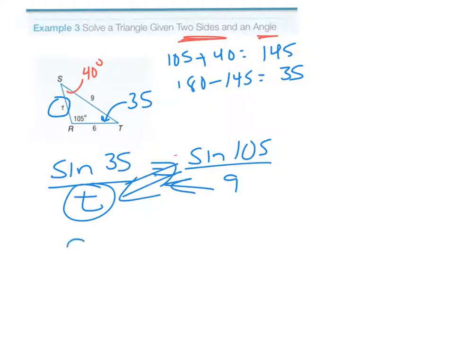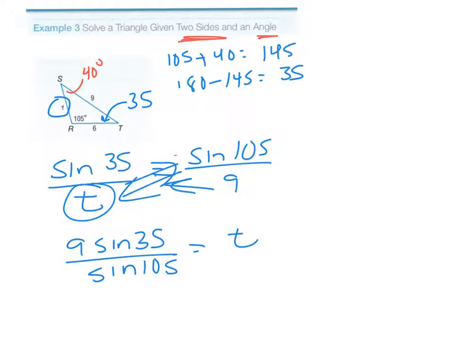So it becomes 9 sine 35 divided by sine of 105 equals t. And if we press that in our calculator, we will get the answer of 5.3 rounded. So there's our answer to t. So we found both angles and we found the side by going through this process.